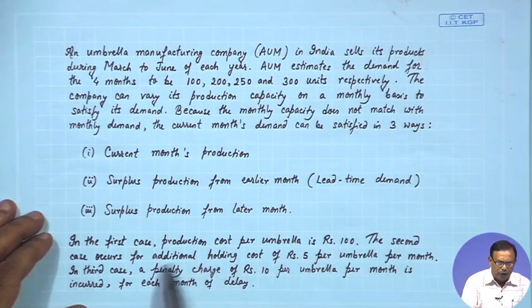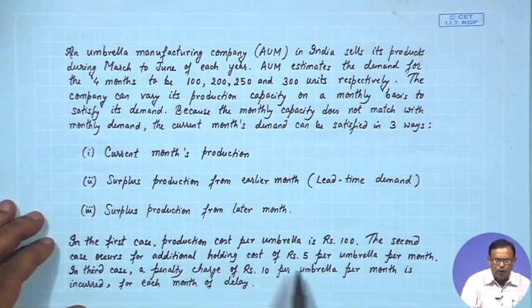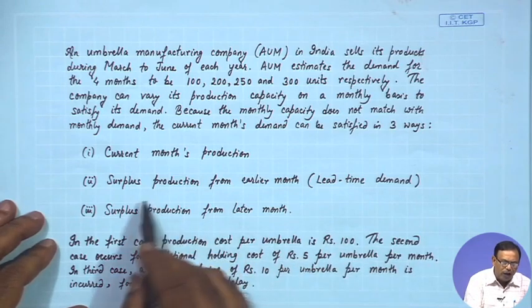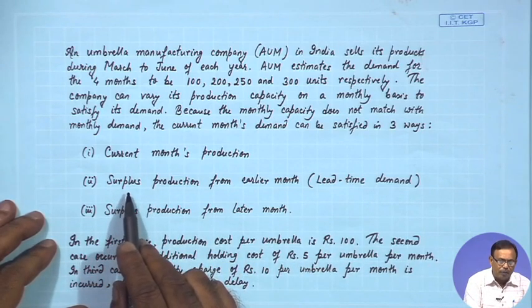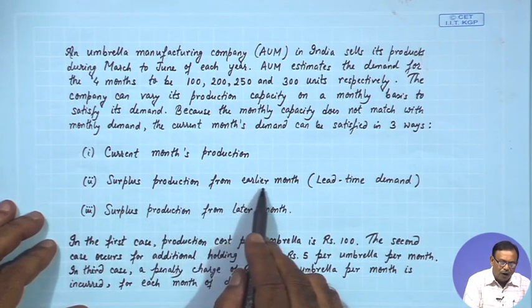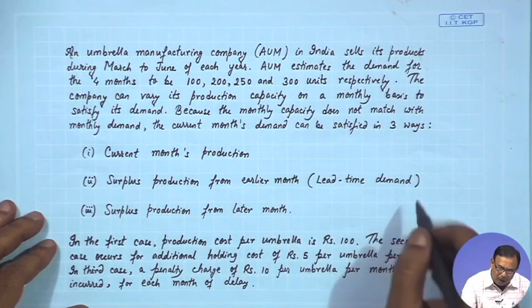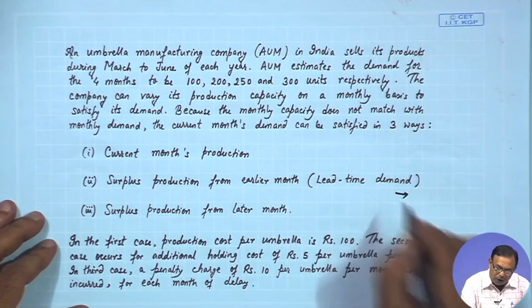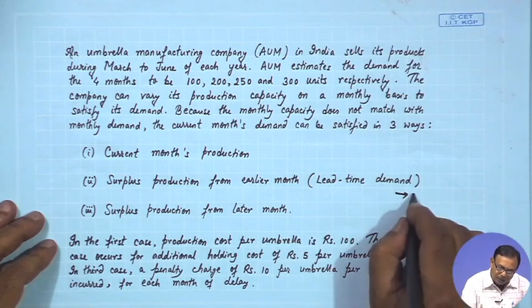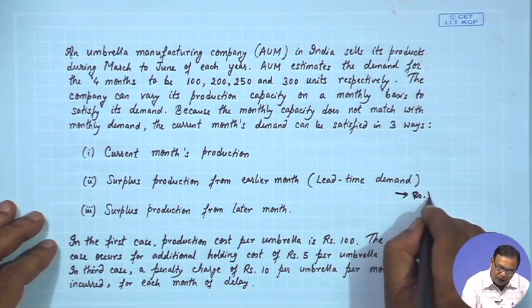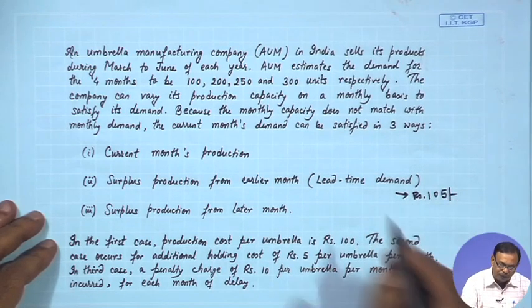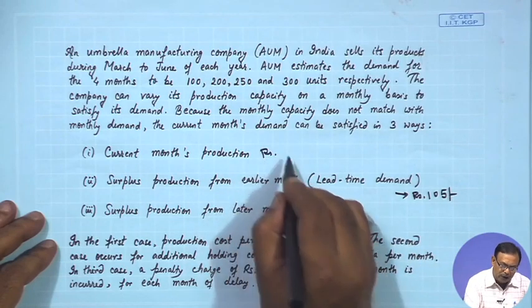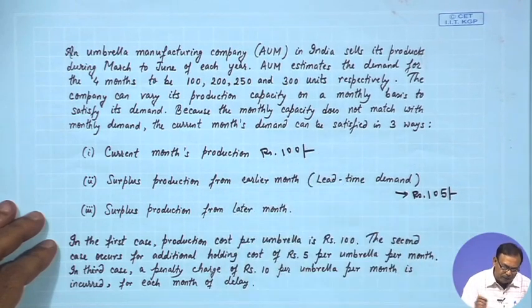So, we are adding one additional holding cost of rupees 5 per umbrella. In other words, whenever you are meeting the demand from surplus production of an earlier month, your production cost will be rupees 105, whereas this was rupees 100.